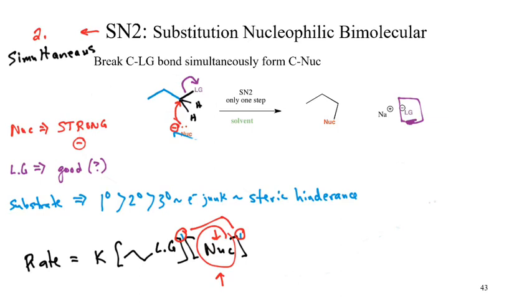So when I run an SN2 reaction, I want to minimize that steric hindrance as much as possible. Which is going to pop up again here in a second, because what we're talking about as we bring in the substrate is where that nucleophile reacts.